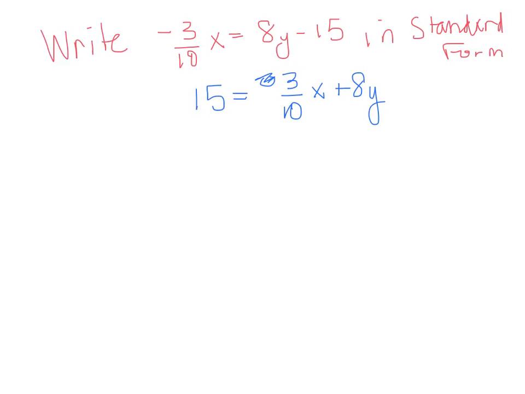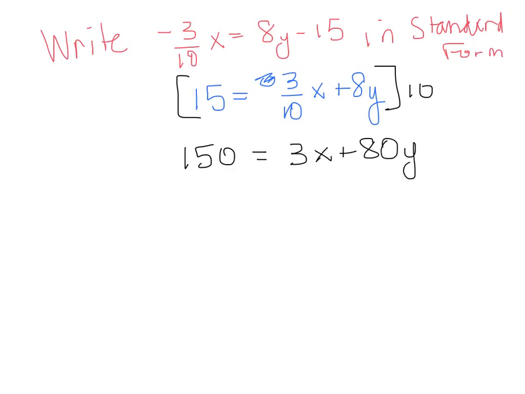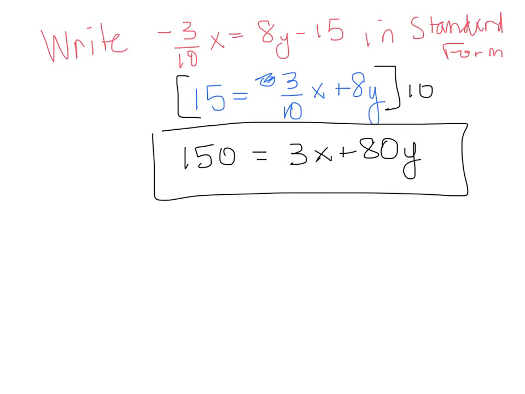So what I have to do is multiply everything by 10, and that'll get rid of that fraction because I don't want fractions for my coefficients. So 150, we don't usually use such big numbers, but we can. 3x plus 80y. That would be a standard form for a linear equation.